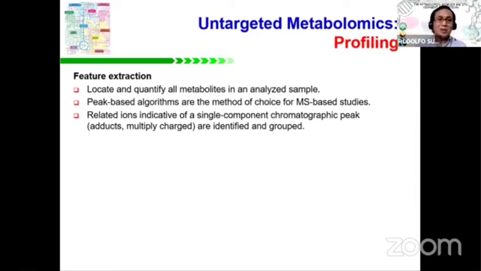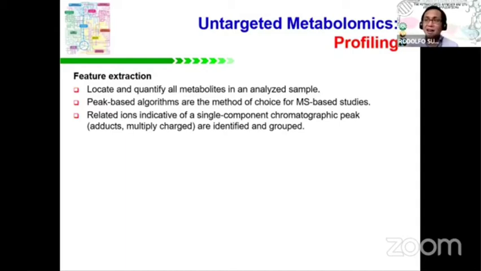These allow you to locate and quantify your metabolites, either relative or absolute quantification. Feature extraction comes very convenient for researchers nowadays because there are many software packages equipped with algorithms that can do feature extraction for you, simultaneously for all the potential metabolites.